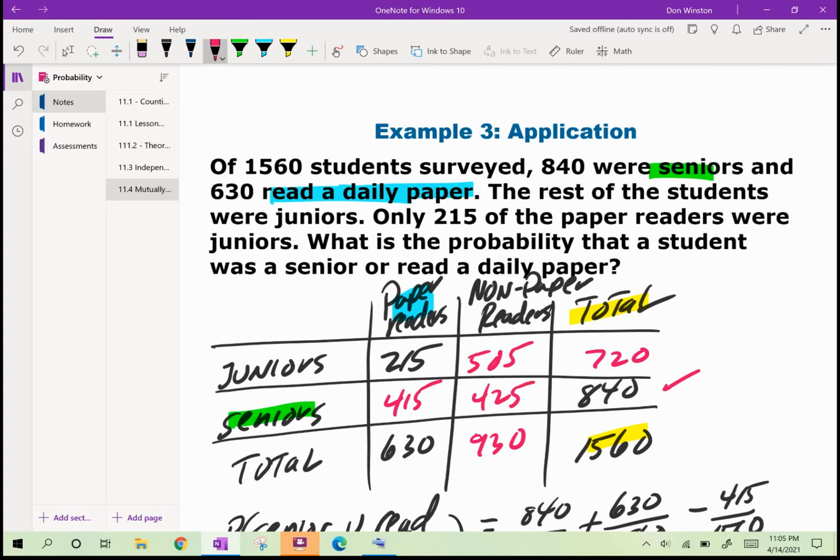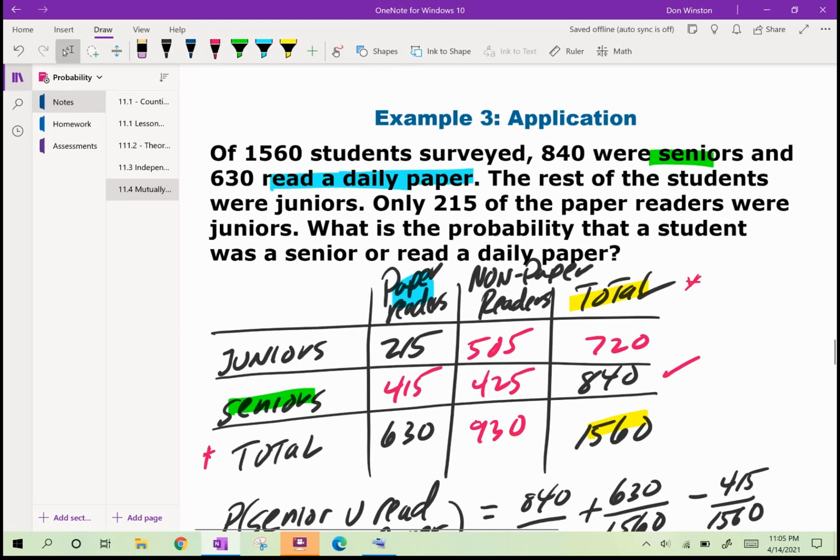So I always suggest you make your table with your totals, both here and there, and then you just fill in the blanks.